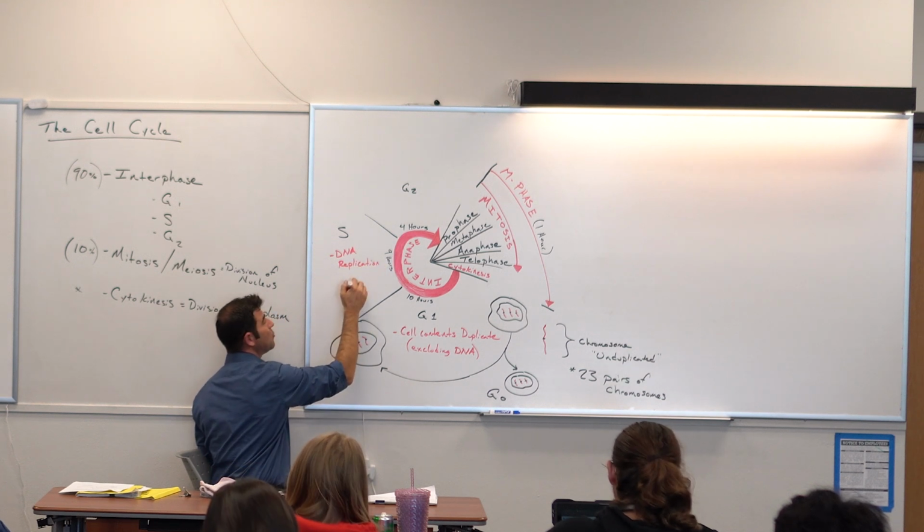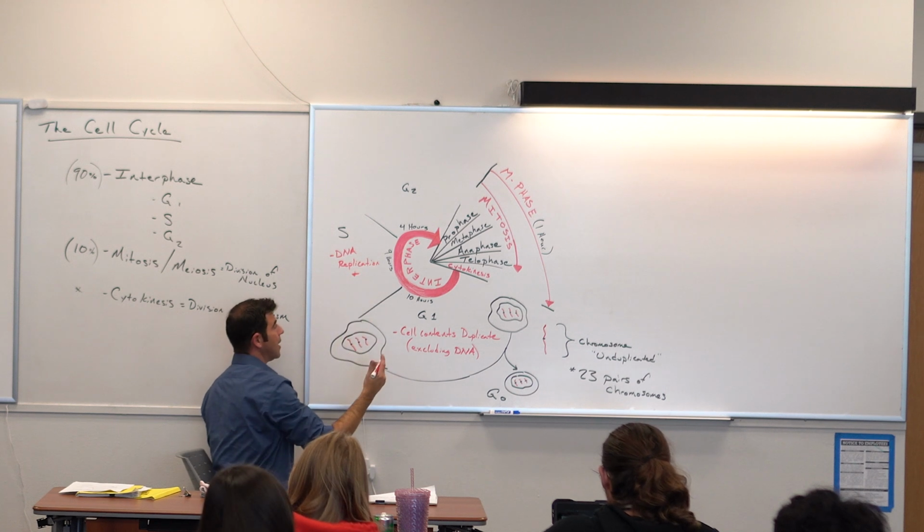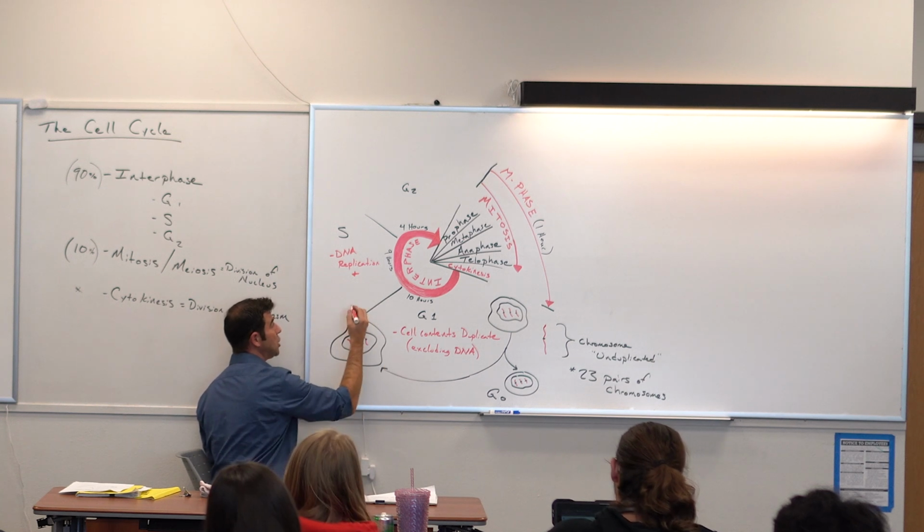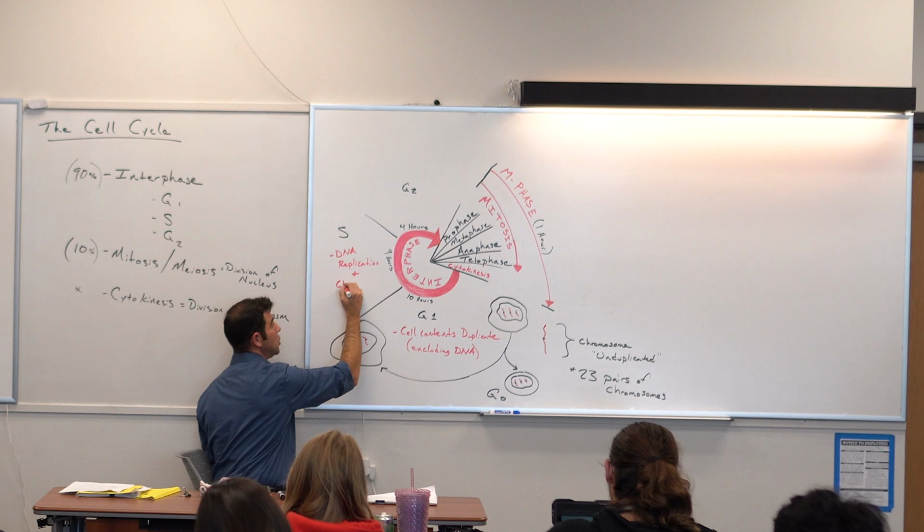In addition to the DNA replicating, so that's basically we've doubled the amount of DNA, that also is what allows our chromosomes to become duplicated. So DNA replication and chromosome duplication.